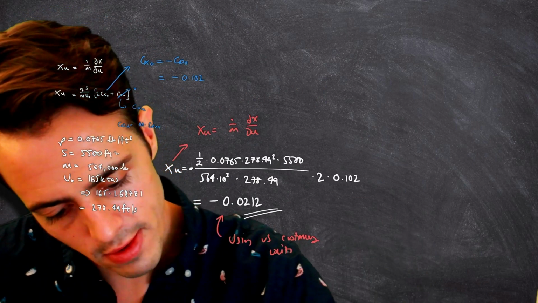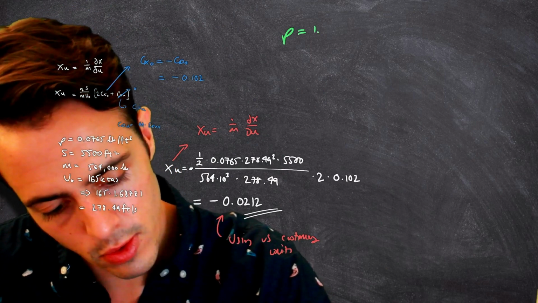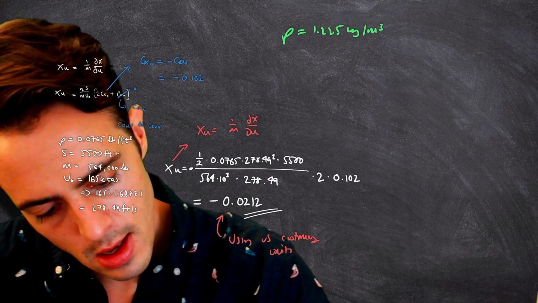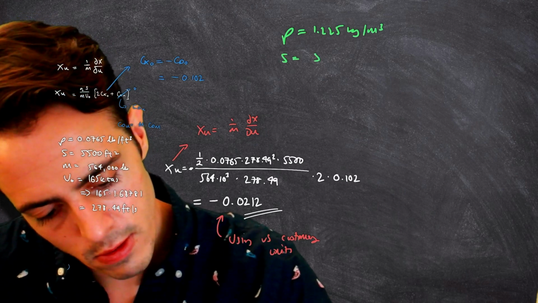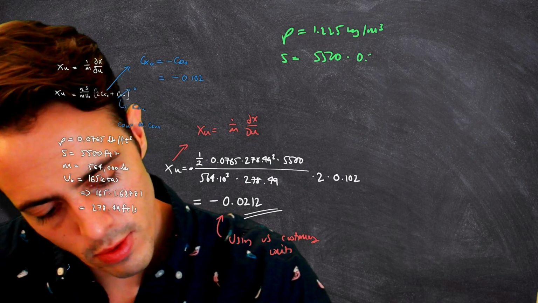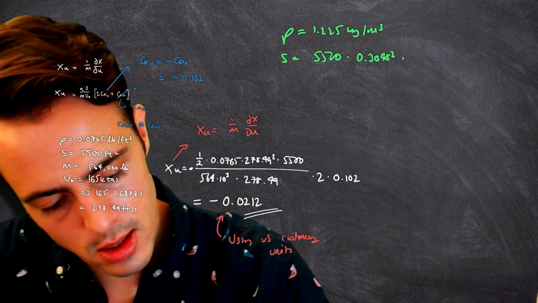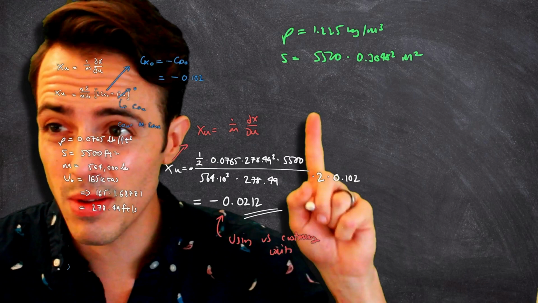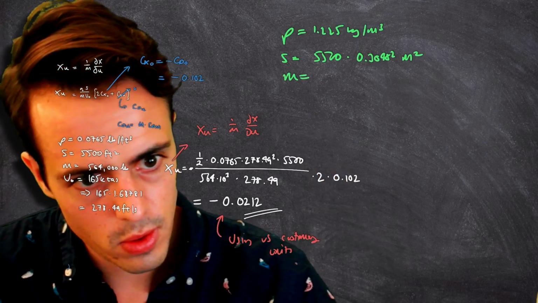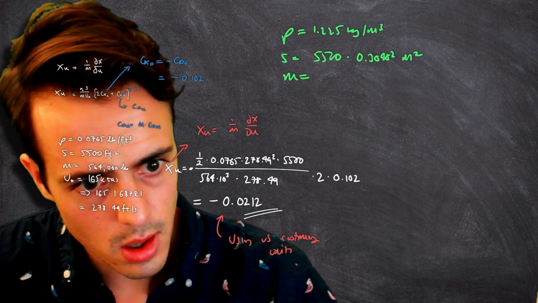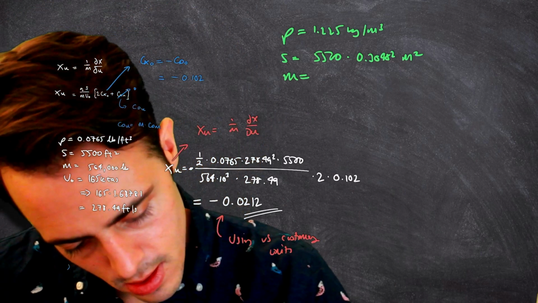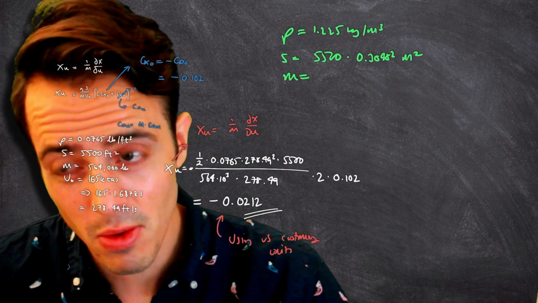Okay, so using SI units, rho is equal to 1.225 kilograms per cubic meter. S is equal to 5500 multiplied by 0.3048 square meters. These are just numbers that I remember now. The mass, I don't remember this one off the top of my head. It's about divide by 2.2, but it's not quite that.